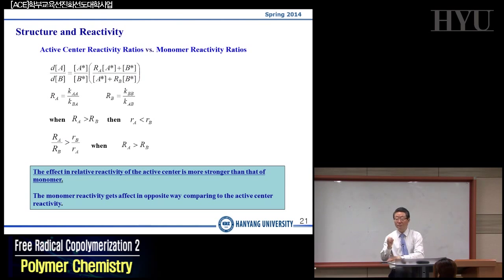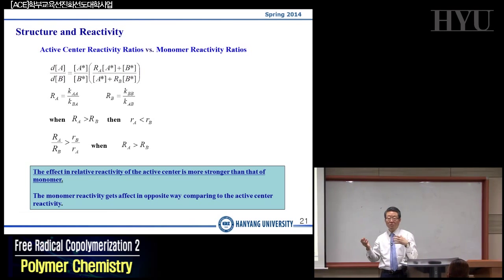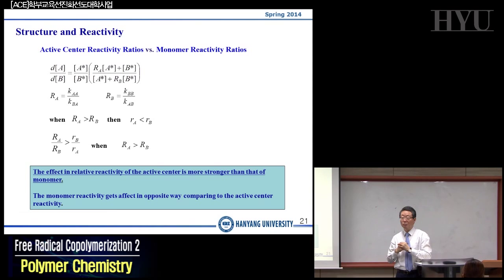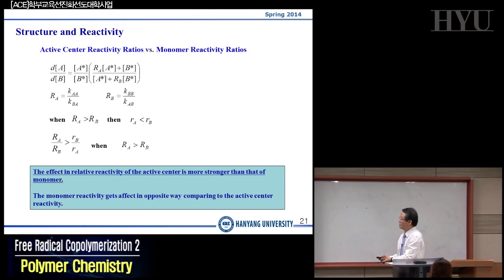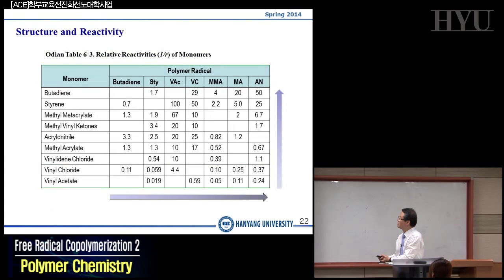If some factor influences your monomer reactivity ratio, it influences the radical reactivity ratio, or active center reactivity ratio, in the opposite way, but the factor will much more greatly influence the active center reactivity ratio than the monomer reactivity ratios. This is what we can conclude from the active center reactivity ratio definitions.